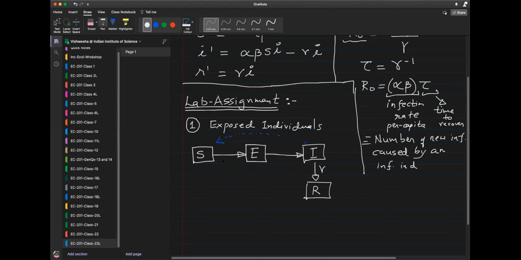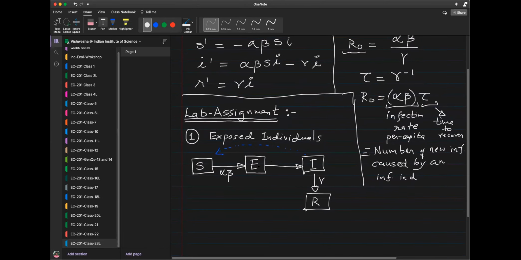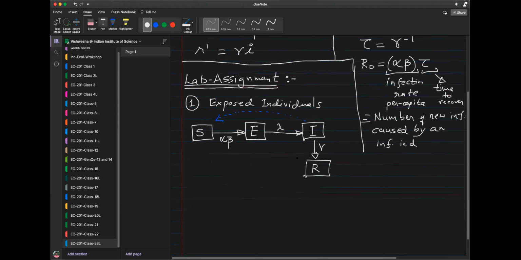This will be alpha beta. And at some rate, these individuals now turn into this. Add a new parameter, let's call this lambda.